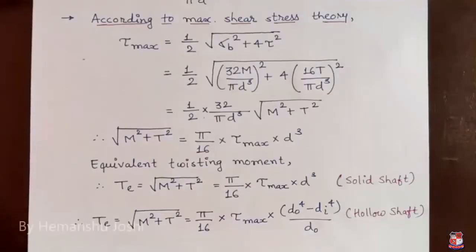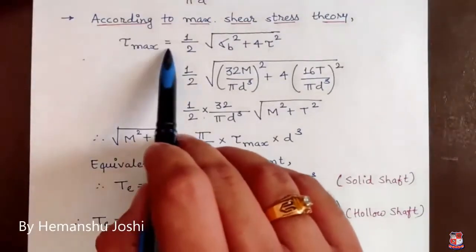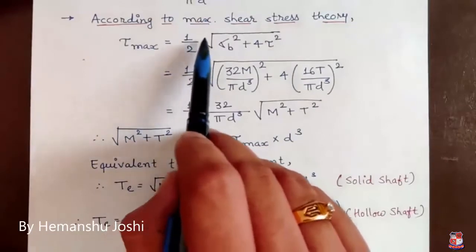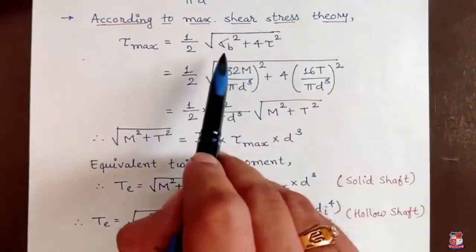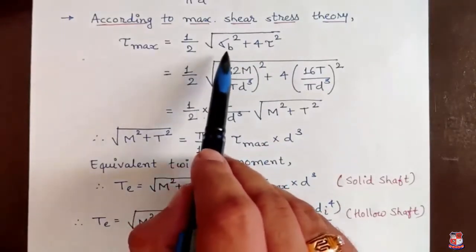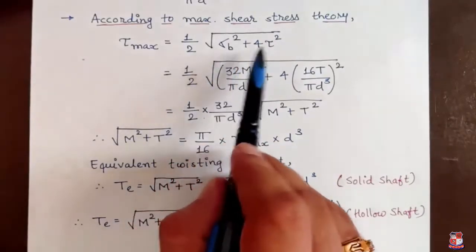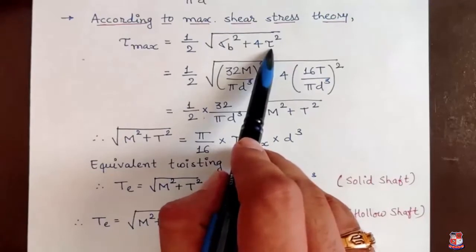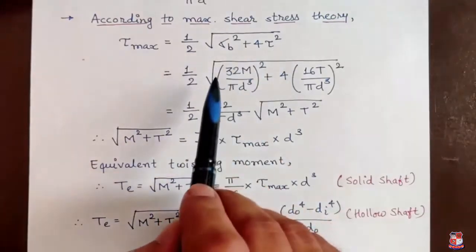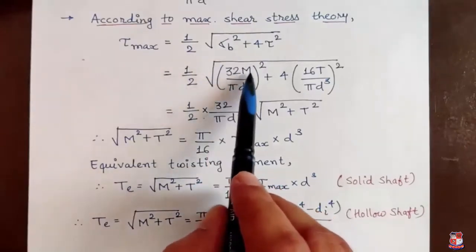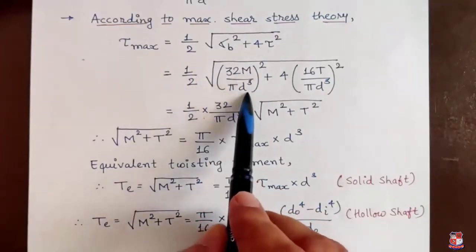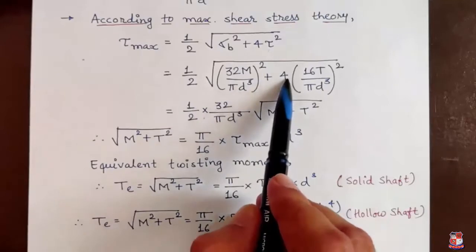Now according to maximum shear stress theory, tau max is equal to 1/2 of the root of sigma b square plus 4 tau square. Now in this equation, we will put the value of sigma b and tau from equation number 1 and 2 respectively. In place of sigma b, we are having 32 into M divided by pi d cube plus 4 as it is.